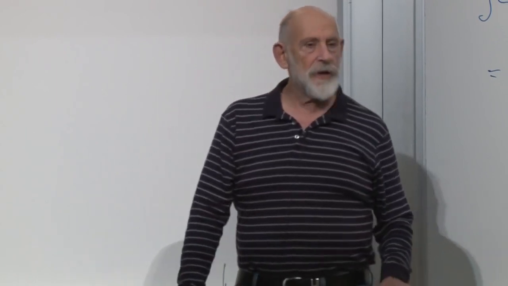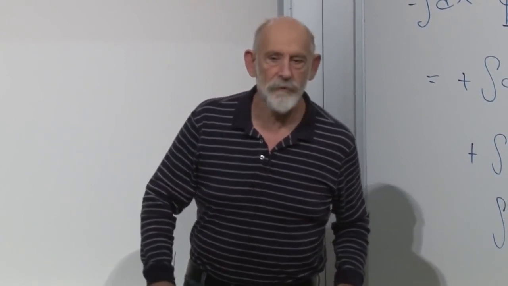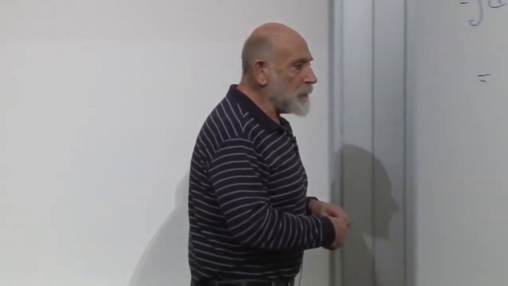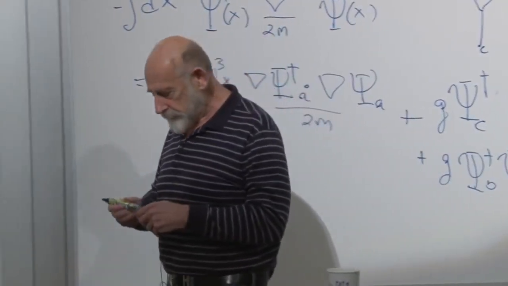Let me generalize what we said about second quantization, the field theory, the fields governing multiple particle systems. We made them out of creation and annihilation operators. What's the difference between fermions and bosons in that respect?